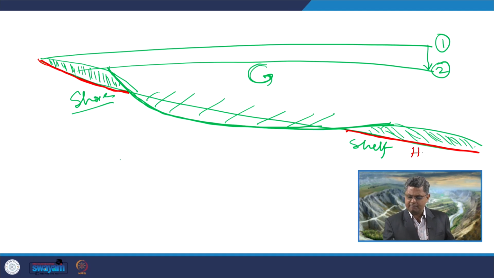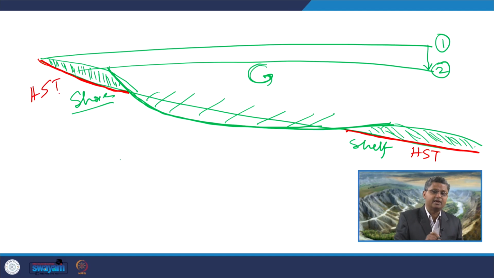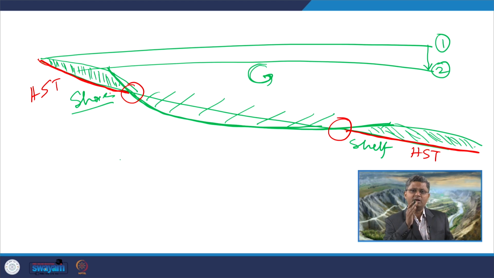Here the underlying package is an HST package, and here also the underlying package is an HST package. In this part we do not know, because it will depend on how much erosion is going on. This particular point, which is the cross cut of the substrate or the sea floor with the wave equilibrium profile, is called the lever point.